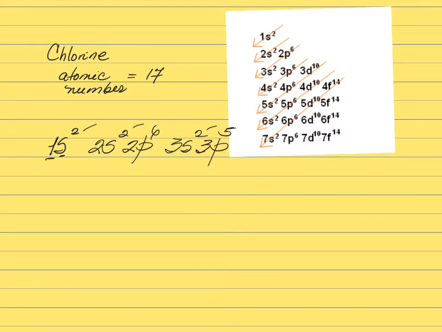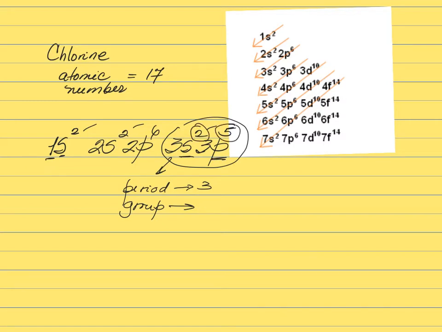See, one more time, you're going to analyze the last level of energy, or the ending of the electron configuration. Chlorine is located in period 3, group 17. Since the ending is sp, you add the electrons, 7, and put a 1 in front.